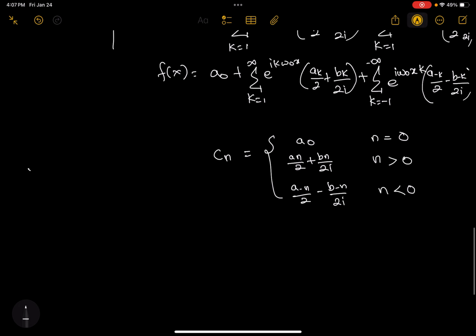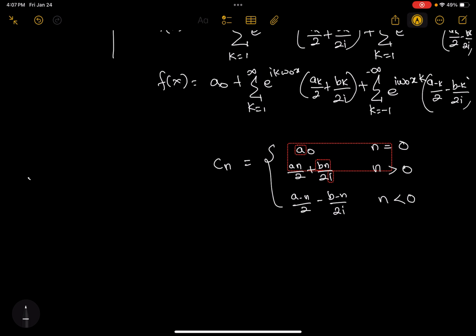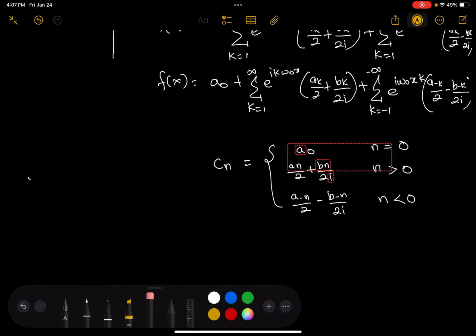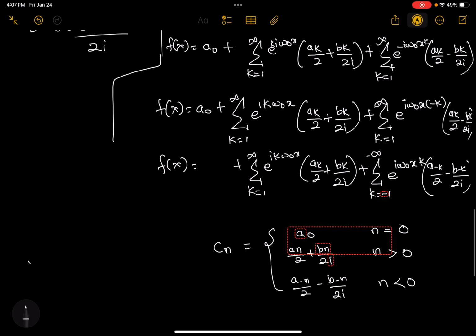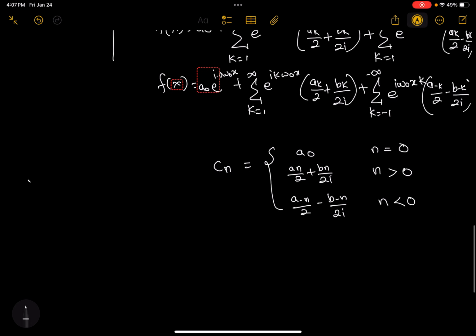Now notice that this first term, a sub 0, is also of the form e to the power I times 0 omega naught x. So basically we have terms for all values of k from 1 to infinity, for k equals 0, and also from negative 1 to negative infinity.